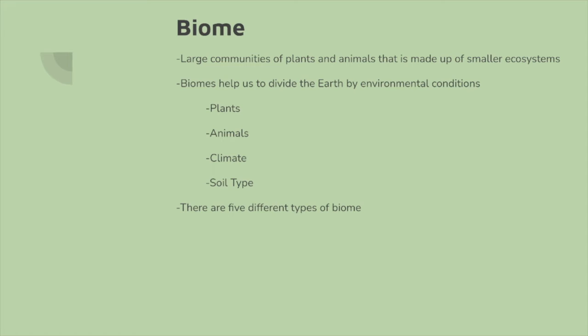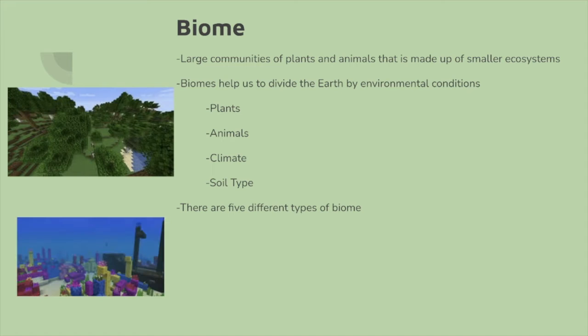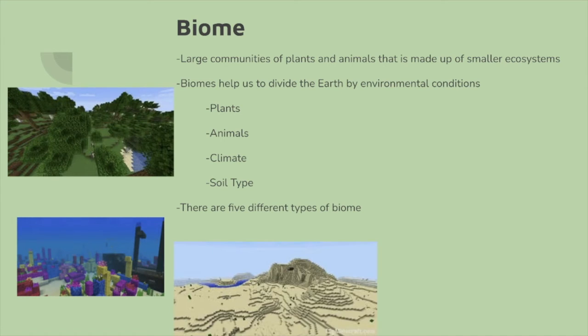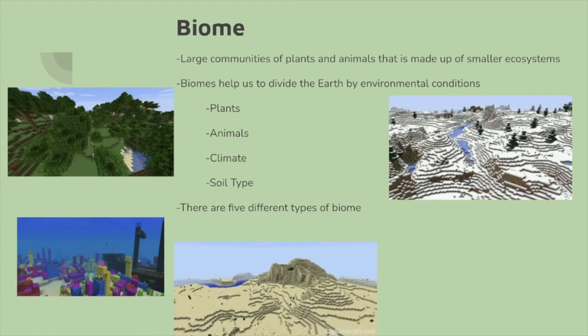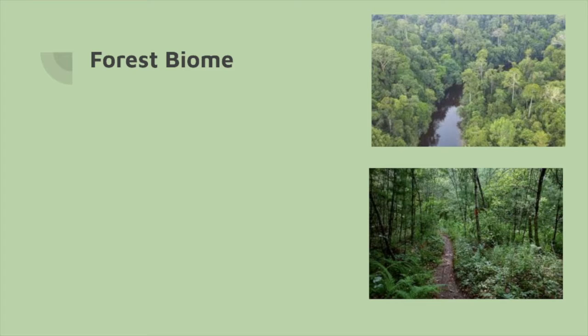So there are 5 different types of biomes. And so we have some pictures of each type. There's the forest biome. There's the aquatic biome, which is just water. There is the desert biome and the tundra biome. And finally, the grasslands biome.